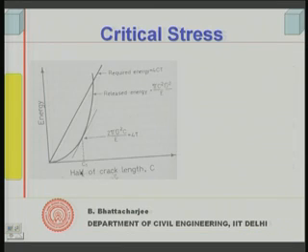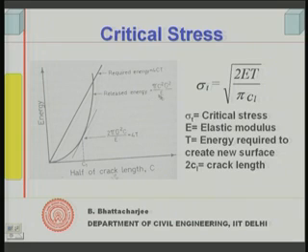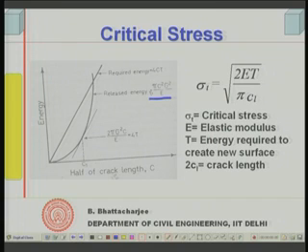So, the critical stress calculation is like this. What he has done is, the strain energy released for an elliptic crack, he found out from the theory of elasticity. These solutions were already available.